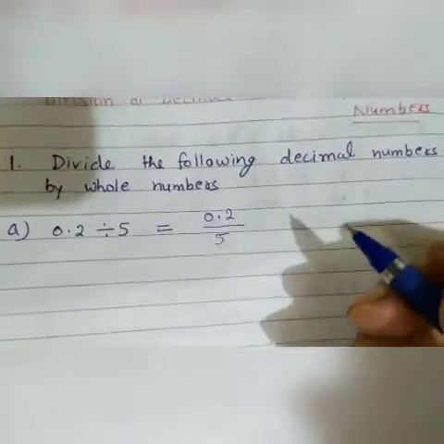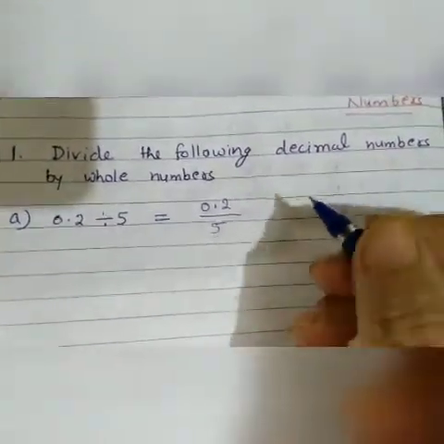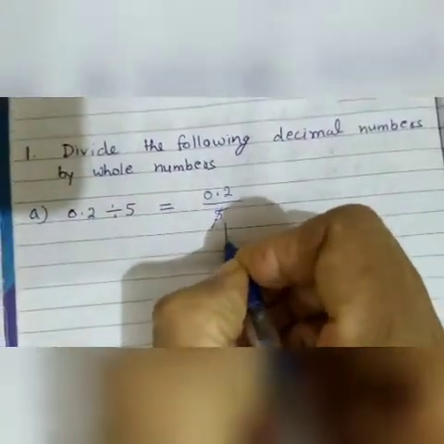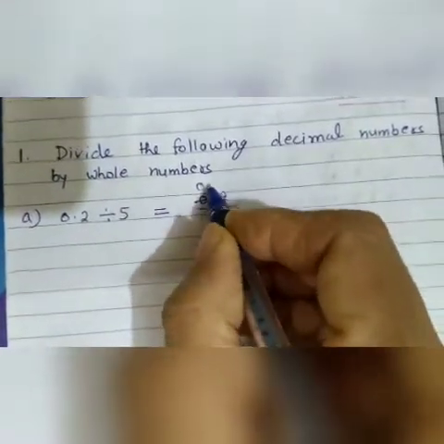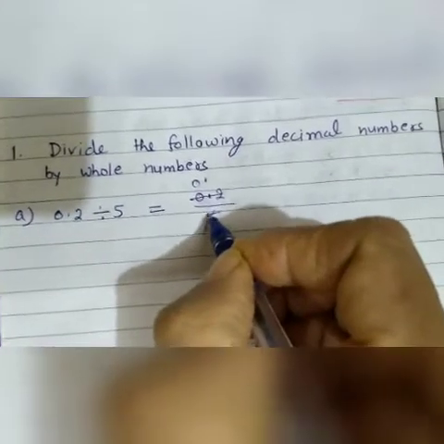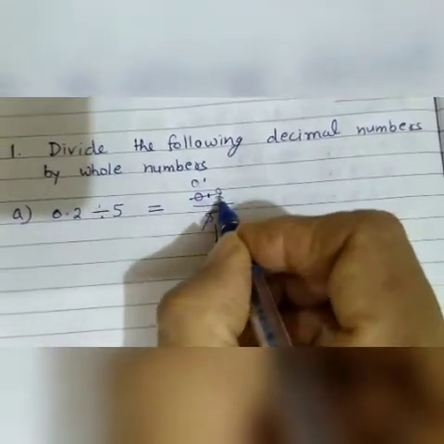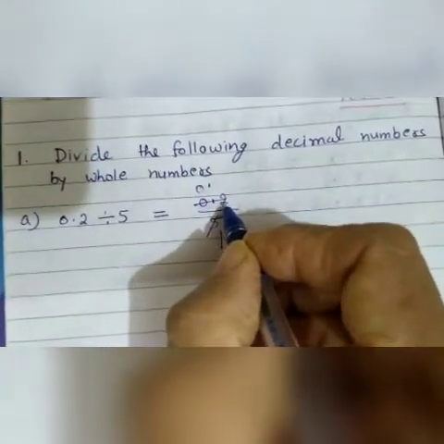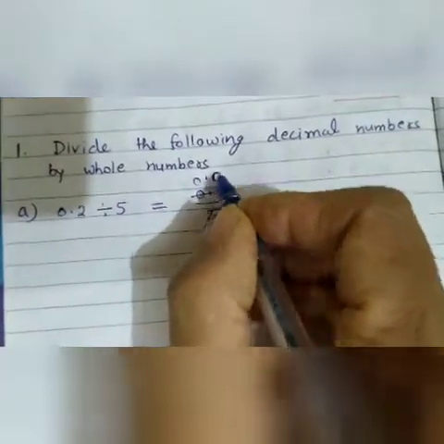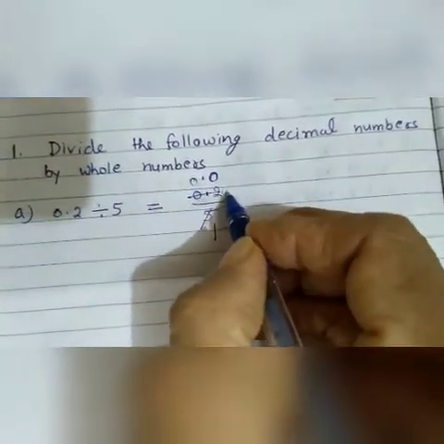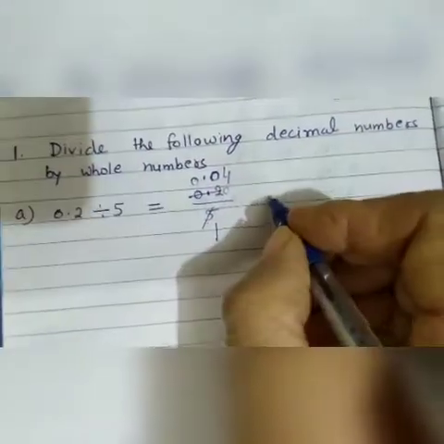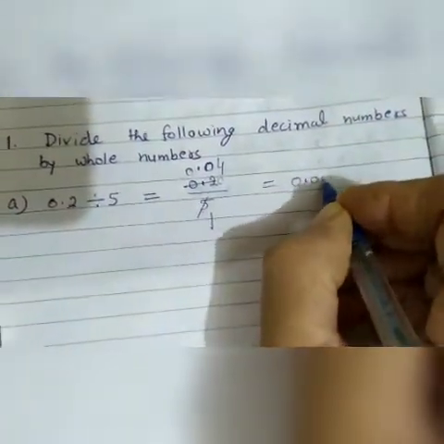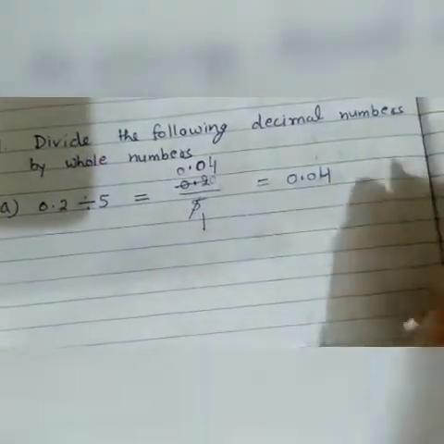Now we will simplify it as we do generally. 5 1 ja 5, then this 0, this decimal here. Now we cannot read the table of 5 in 2, so we will again put the 0, then we will add 1 0 here. It means 5 4 ja 20. So our answer will be 0.04 as we do generally.